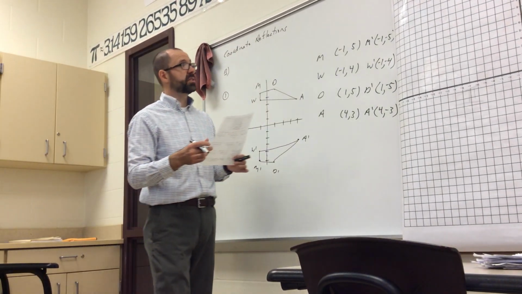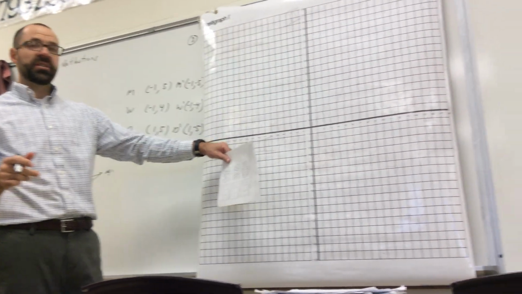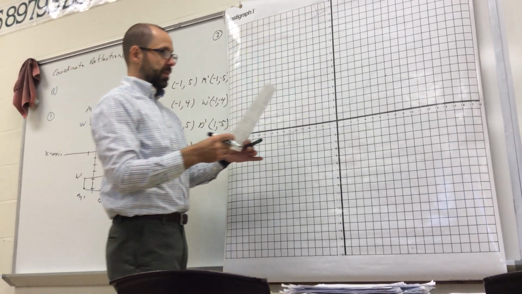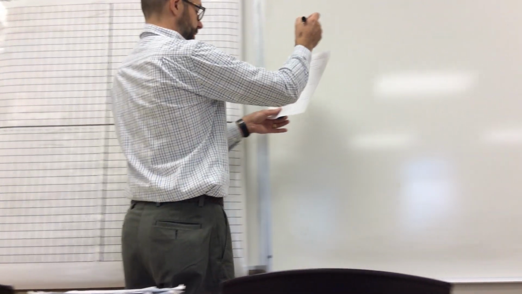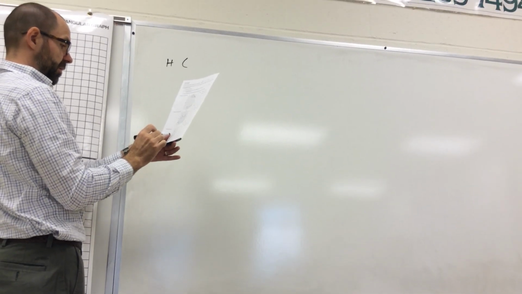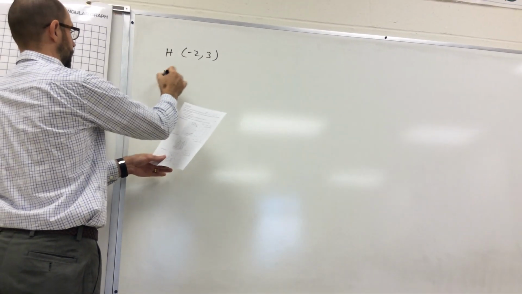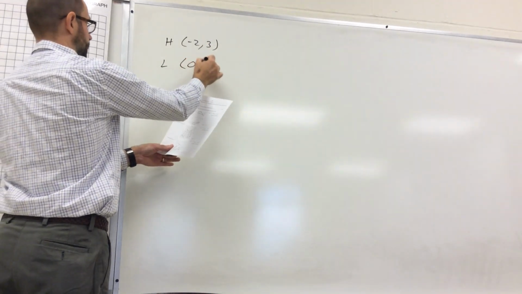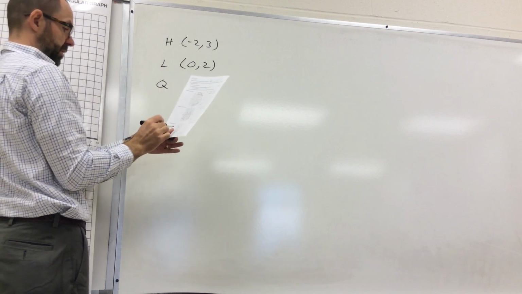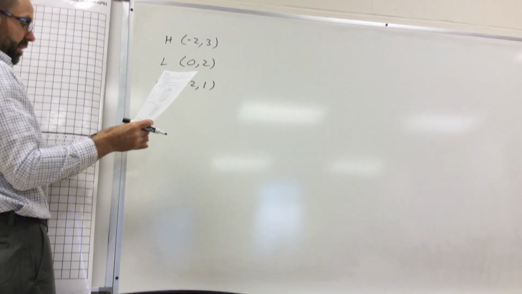Okay, so now we're going to skip to number 3. And I'm going to plot number 3 on this one so I'm a little more exact with my plotting, to see how this goes. So let's see, we need some points. H is -2, 3. L is 0, 2. Q is -2, 1. And P is -3, -2.